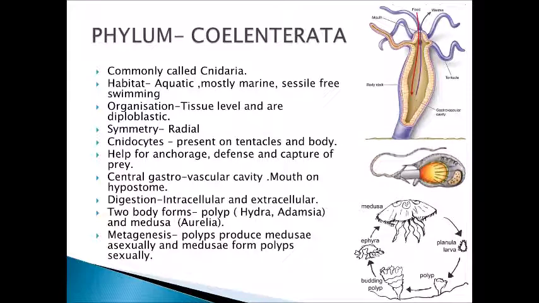So Coelenterata or Cnidaria organisms are diploblastic, but unlike the group Porifera, which has cellular level organization, this group has a little more complex level of organization, and that is tissue level organization. They show radial symmetry. The special cells, cnidocytes, are present on tentacles and body.